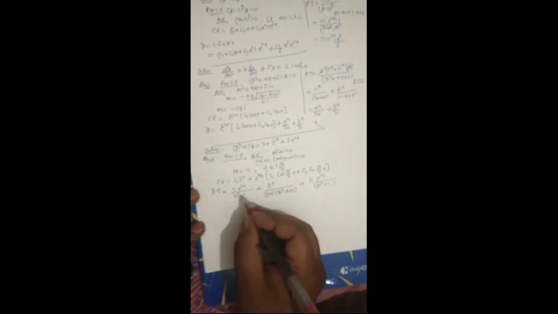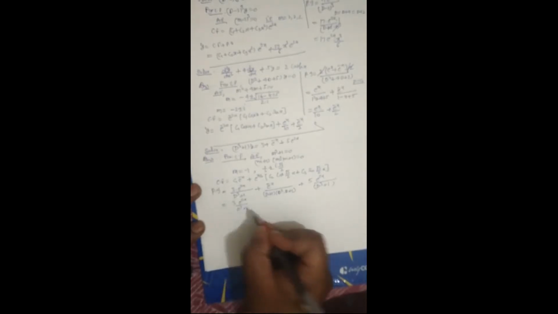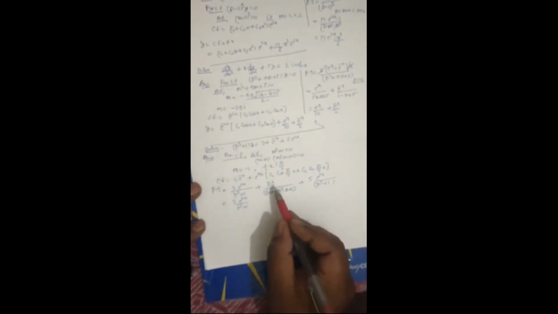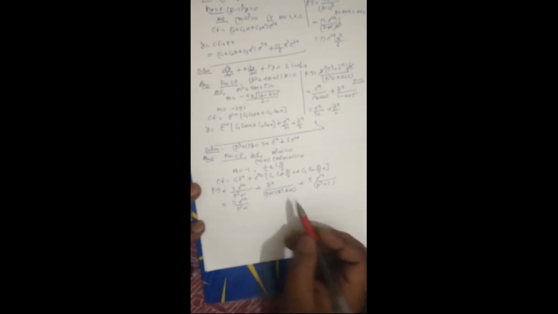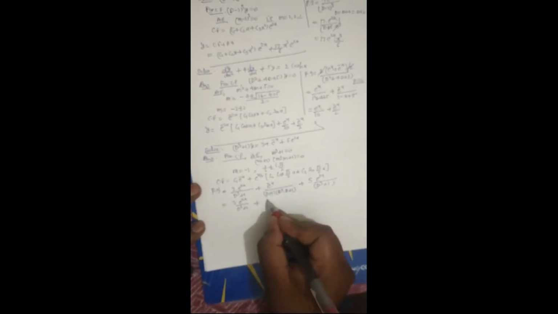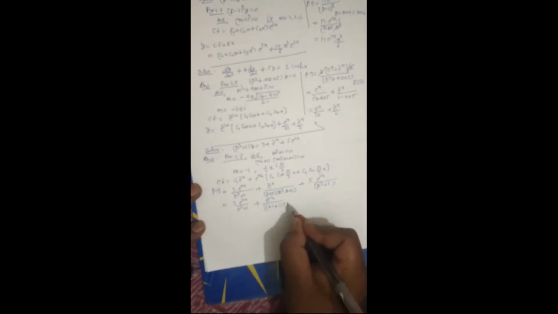In this case the method is valid: 3 e to the power 0x upon 0 cube plus 1. But in the second case the method fails, D is equal to minus 1, that is minus 1 plus 1 equals 0. Now in this case, e to the power minus x upon 1 plus 1 plus 1.